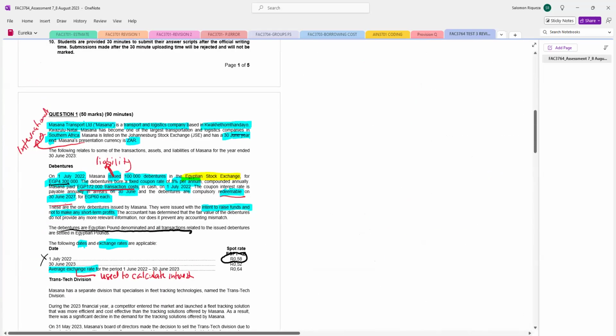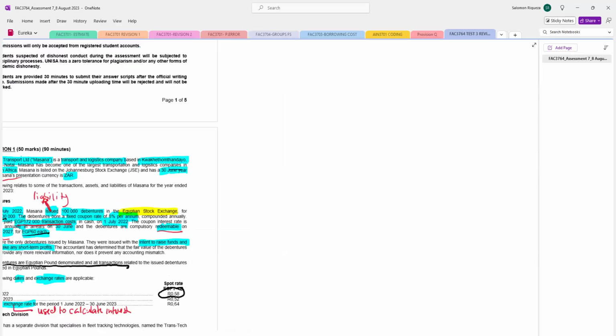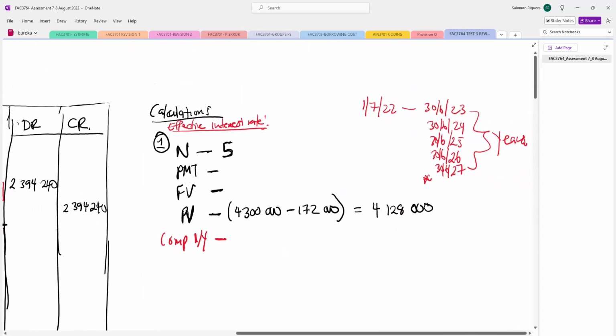Okay. Then my future value, it says that the debentures are compulsory redeemable on 30 June 2027 and for 60 Egyptian pound each. So now this is showing that this was redeemed at premium. So I'm gonna have to recalculate using the debentures. I had 100,000 debentures. That's my future value name.